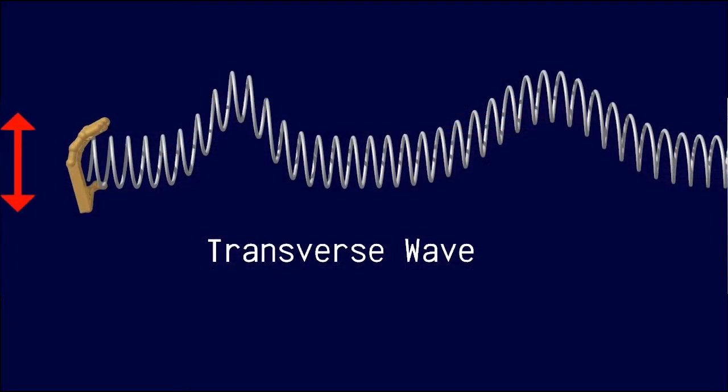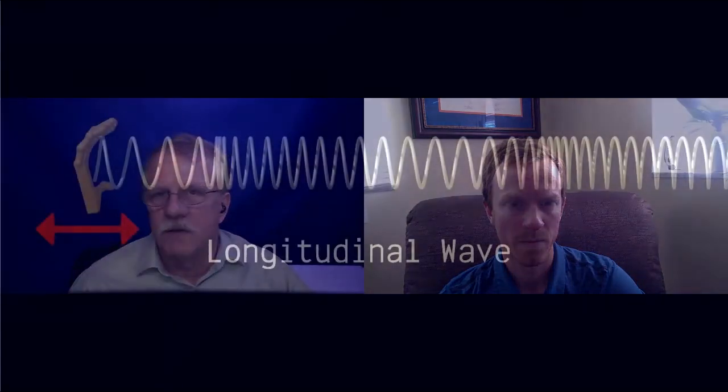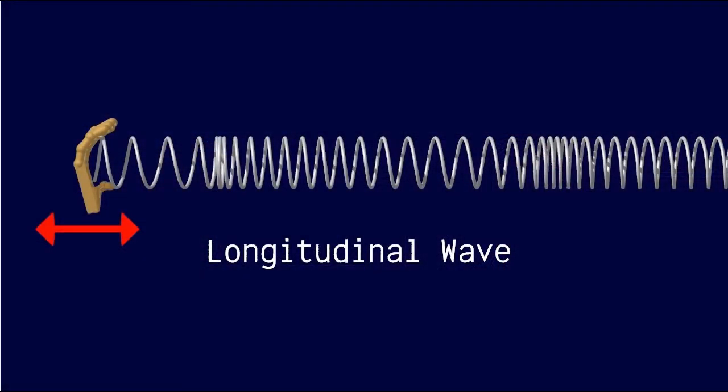What I'm speaking of with transverse waves is the motion is perpendicular to the wave path, but with longitudinal waves, the motion is parallel to the wave path. These pictures should help explain a little bit.